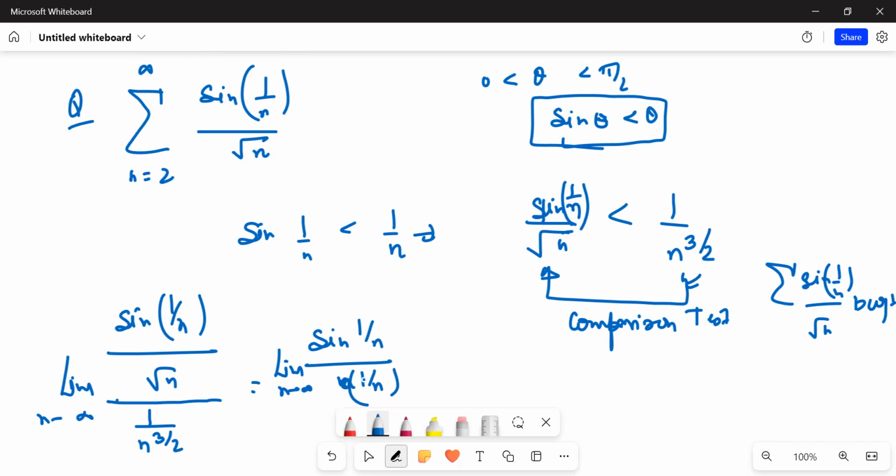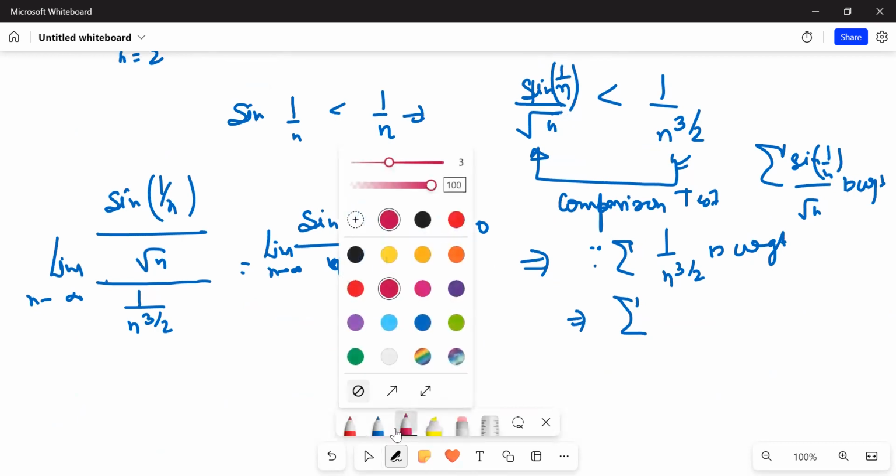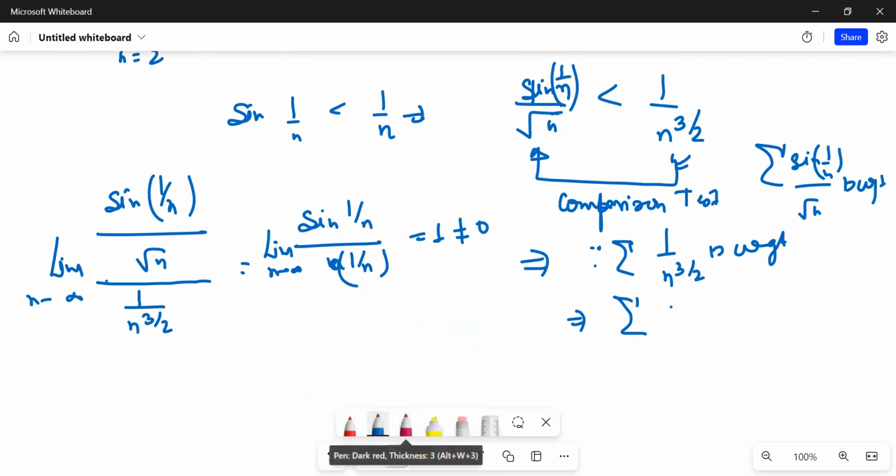So as n tends to infinity, this limit would go to a finite non-zero value. And since summation 1 upon n to the power 3 by 2 is convergent, it implies summation sine(1 upon n) upon root n is convergent.